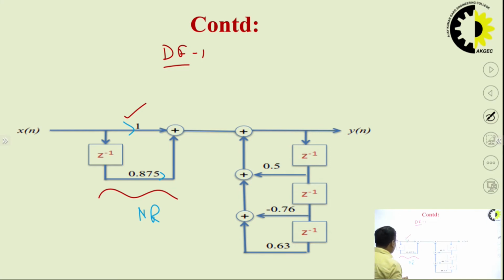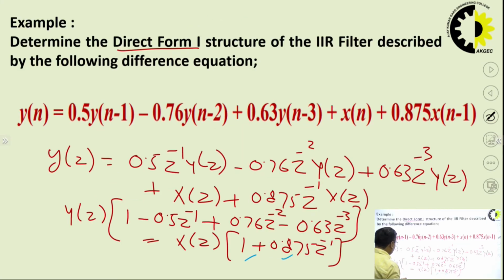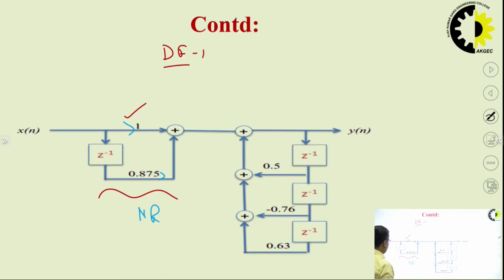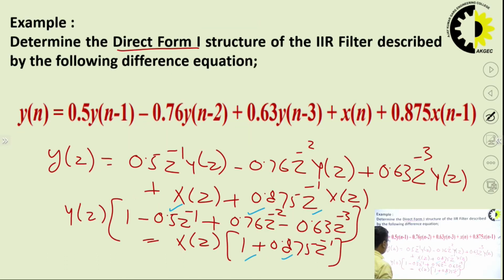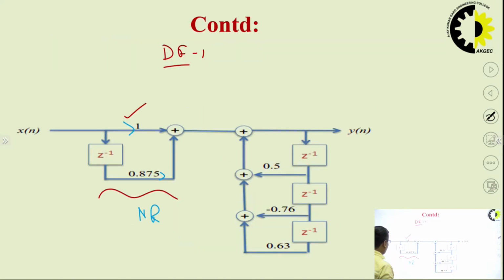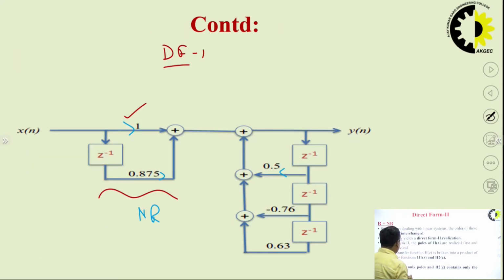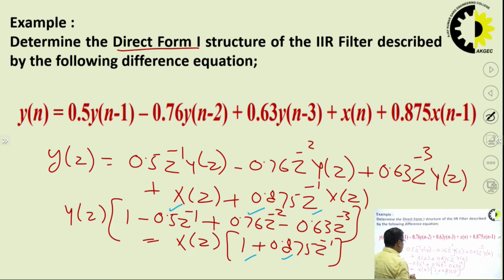Second, it will be the recursive part. Recursive means you have to take poles. So, what is the poles value here? This. Okay. So, if you transfer this, if it is minus 0.5, so in the diagram it will be plus 0.5. If it is 0.76 plus, so here it will be minus 0.76.